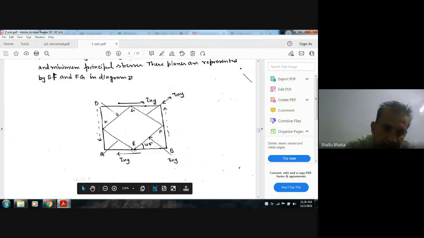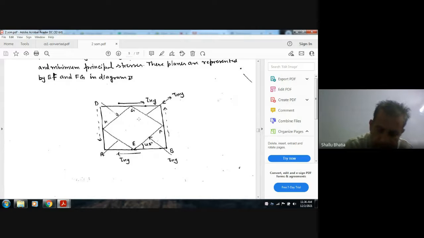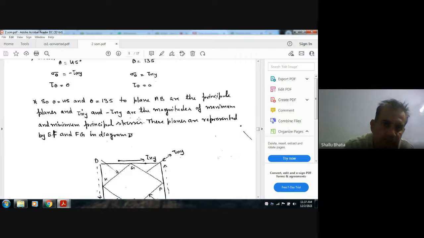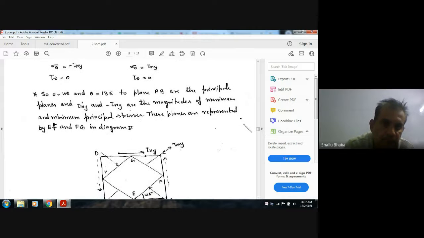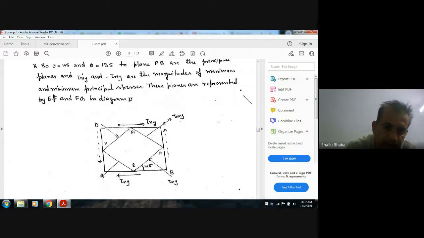These planes are represented in the figure. This is the plane AB, where tau xy is acting, and in this plane complementary shear stress tau yx is acting. At this plane, theta is equal to 45 degrees, and we found that sigma theta is minus tau xy, which means it is compressive.